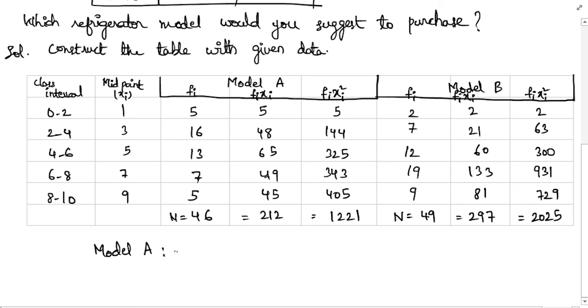So for model A, that is XA bar, we are finding the mean. That is equal to summation of fi xi divided by summation of fi, right? So that is equal to 212 divided by 46, that is equal to 4.6.